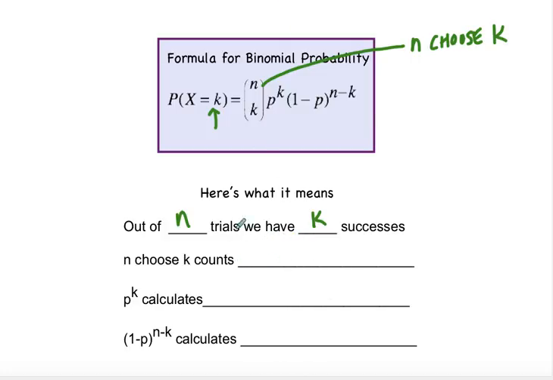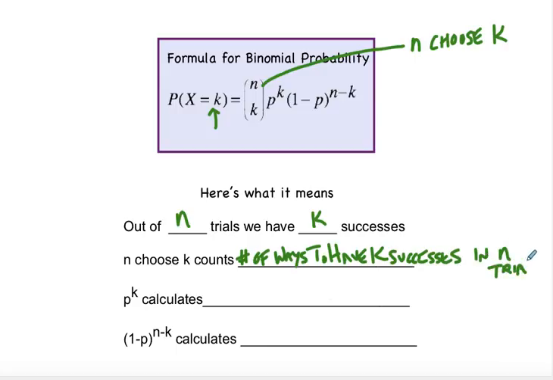So the n choose k counts the number of ways to have k successes in n trials. So it calculates all the different combinations.